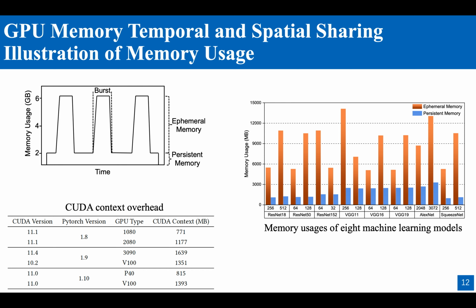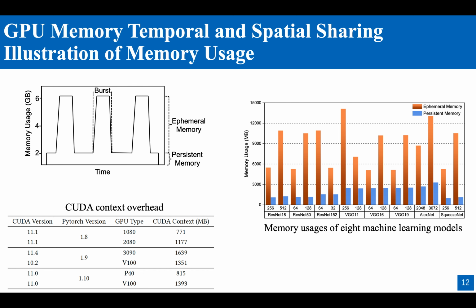The ephemeral memory accounts for the vast majority of the overall memory usage. The persistent memory contains the model parameters, the data needed for one iteration of training, and the CUDA context required for the CUDA program to be executed.